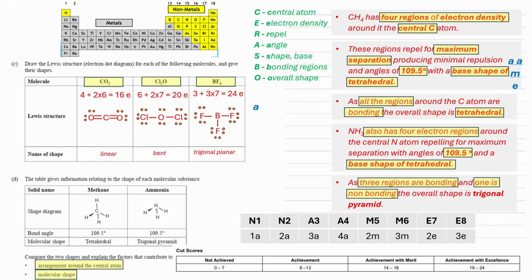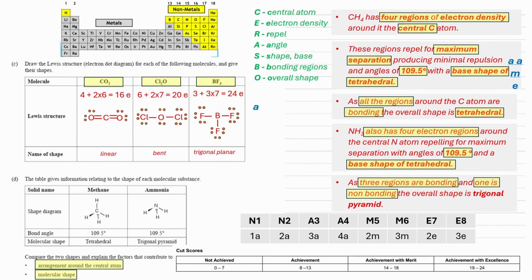If you linked the number of areas of electron density around the central atom and the lone pairs to the molecule shape for one compound, you got merit. So what they're saying is, did you say that there are 4 electron density regions that produce the angle of tetrahedral, but then said that there were 3 bonding and 1 non-bonding to make it overall trigonal pyramid.